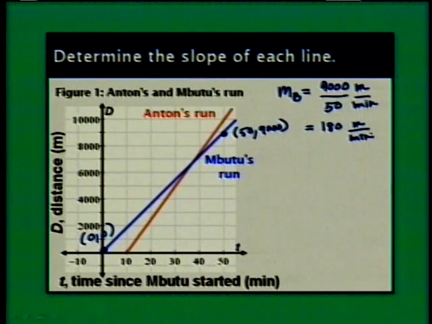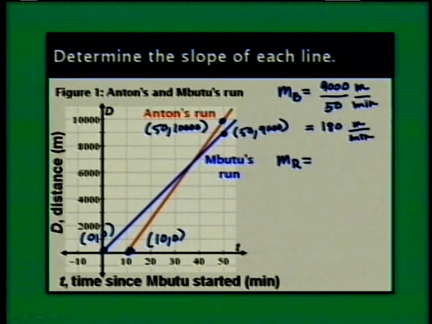Let's look at the red line, which represents Anton's run. We have the ordered pair (10, 0) on this line, and we also have the ordered pair (50, 10,000). So calculating the slope of the red line, we're going to think about rise over run. The rise is 10,000 meters. The run is 40 minutes.